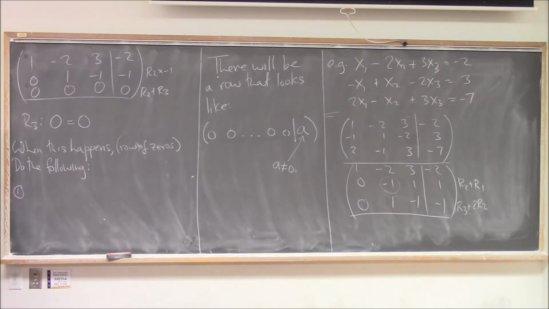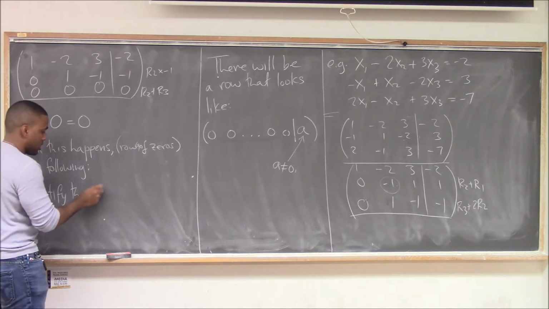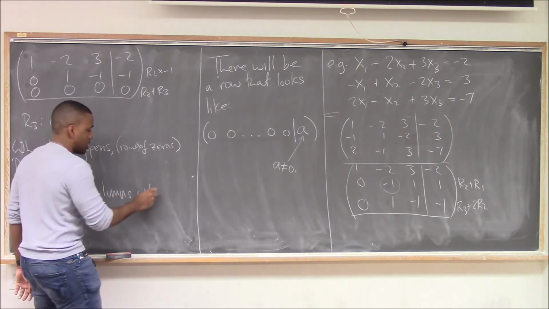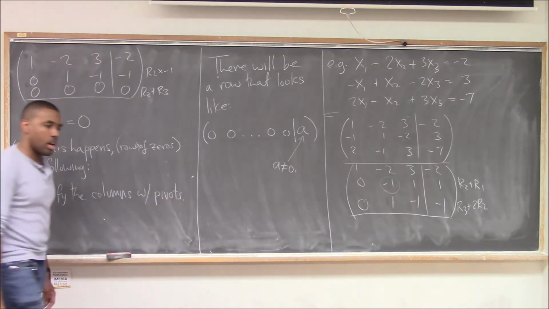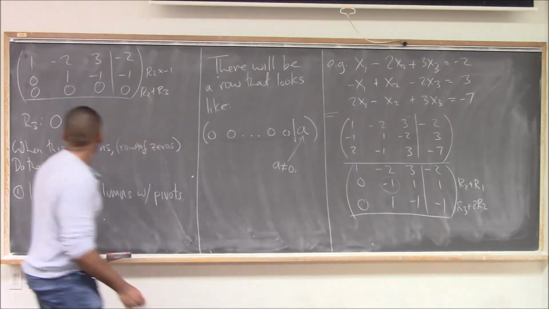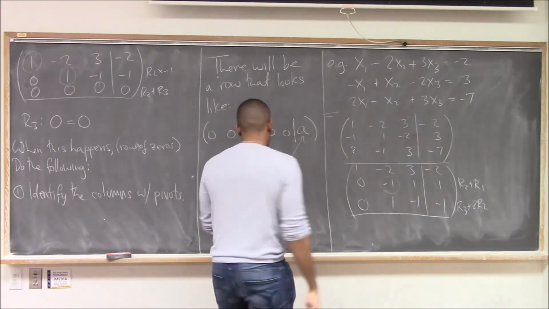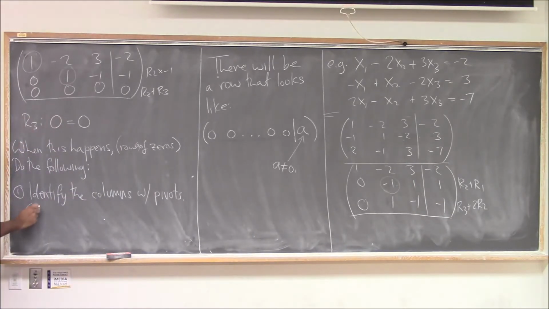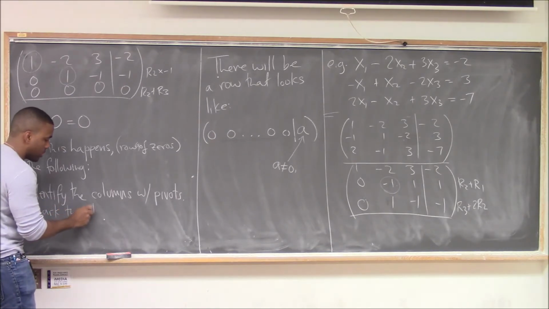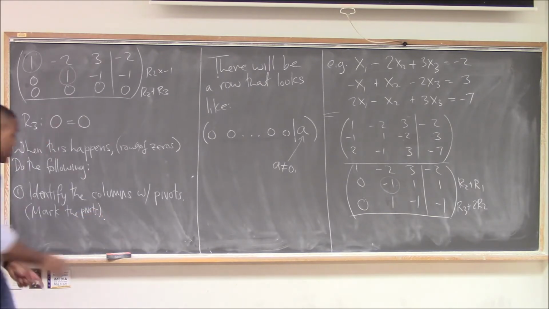Step 1: identify the columns with pivots. I'm going to notice here, here's a pivot, so my first 2 columns have pivots. So I mark all my pivots. You don't technically have to do this, but you need to take account of where the pivots are. That's the first step.